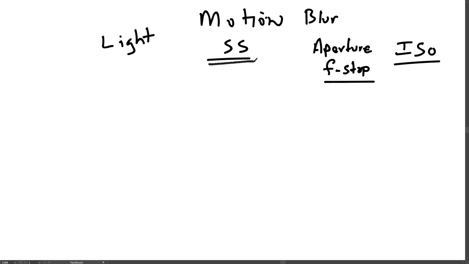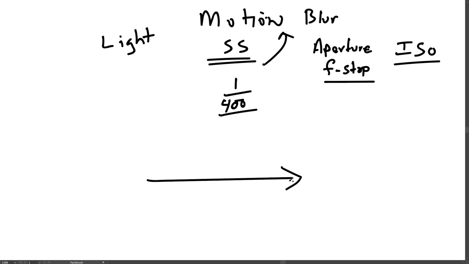So shutter speed also controls more than one variable. Obviously, it controls an element of exposure, but it also controls motion blur. So if you have an object that's moving very quickly across the field of view, then to capture it in full sharpness, you need a very fast shutter speed, like maybe 1/400th of a second would stop the action.